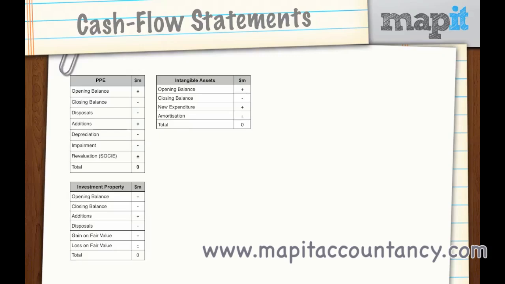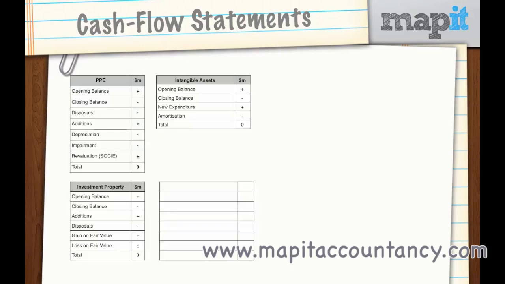And of course, that new expenditure would appear in cash from investment activities. So when you get your answer from these workings, you can then bring it into your pro forma. So that would appear in investment activities. Additions of property, plant and equipment would appear in investment activities also.